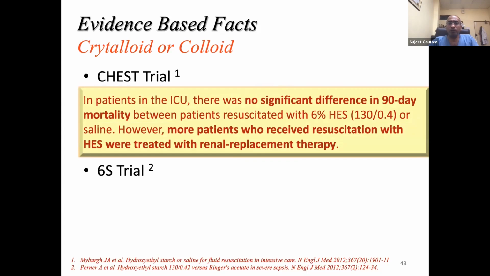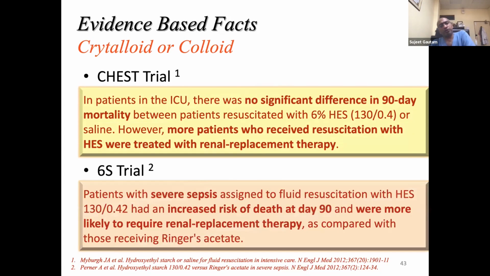However, more patients who received resuscitation with HES were treated with renal replacement therapy. Similar results were shared by the SUCCESS trial, which showed that patients with severe sepsis assigned to fluid resuscitation with HES had an increased risk of death at day 90 and were more likely to require renal replacement therapy.